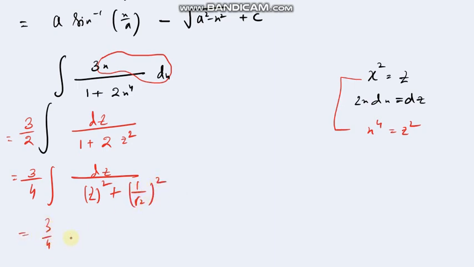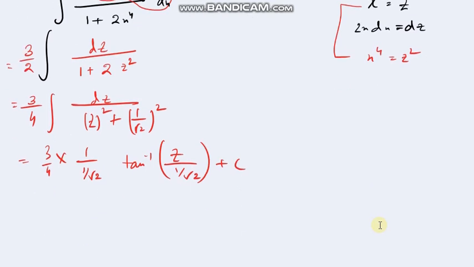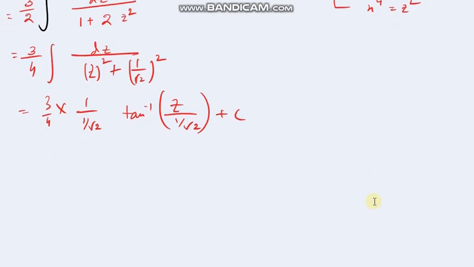So it will be 3 divided by 4, formula 1 divided by a, which is 1 divided by root 2, tan inverse z divided by a plus c. If I put the value over there, the value of z is x square, right? If I simplify this, this root 2 and 4 will be 2 root 2.